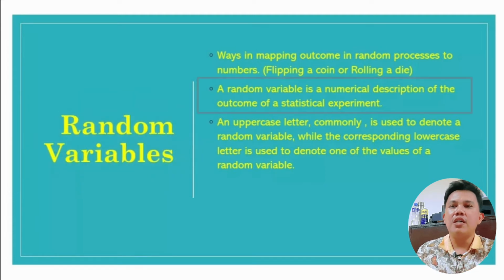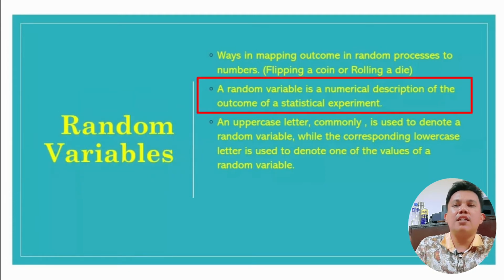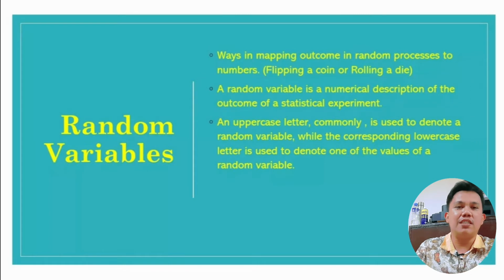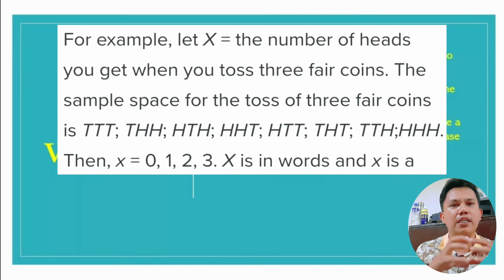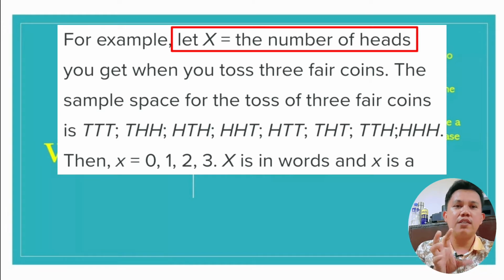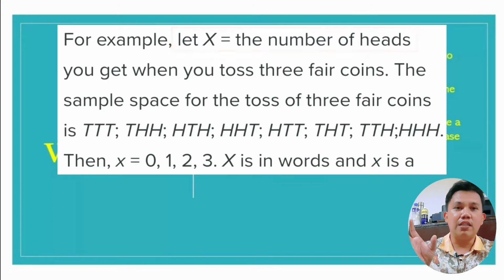So number 2, a random variable is a numerical description of the outcome of a statistical experiment. So, yun na nga yung sinabi ko kanina, di ba? Okay, kapag nagra-random variable tayo, usually ang ginagamit natin is uppercase letter, mga capitalized letter. Example, tossing a coin, and then we are particular to number of heads. So, i-represent natin yung number of heads as a variable, uppercase letter. So, let X be the number of heads that appear in the experiment.